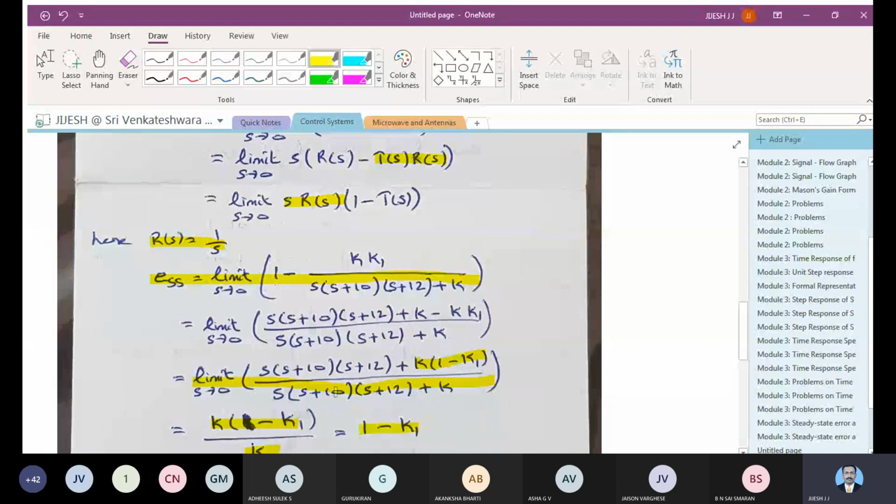See, limit s tends to 0 is there, so rest of the terms we are not bothered about. When you simplify it further, k will get cancelled and you will get 1 minus k1. So ESS what you get here is 1 minus k1.